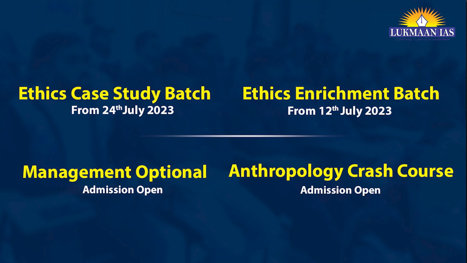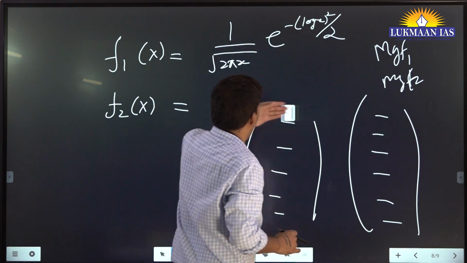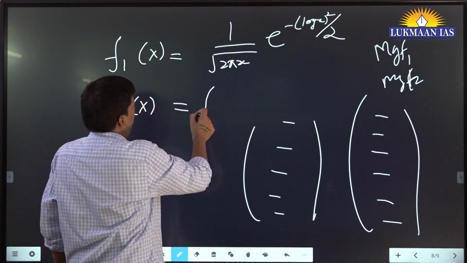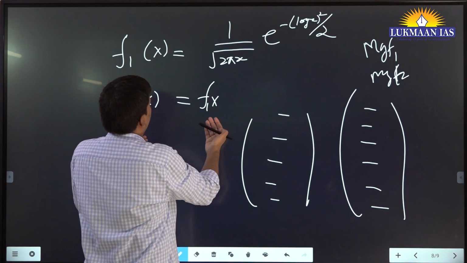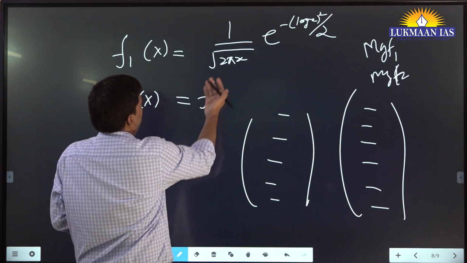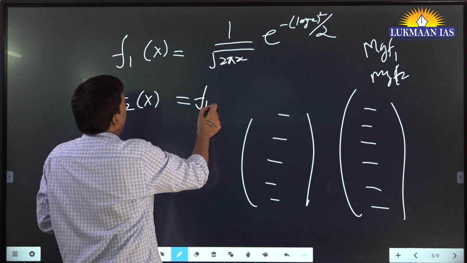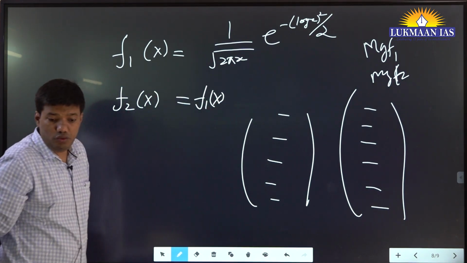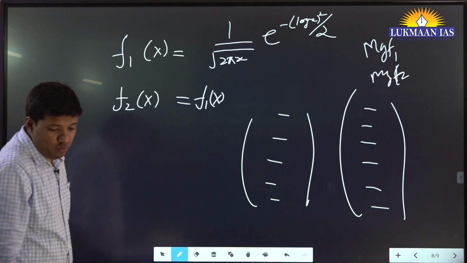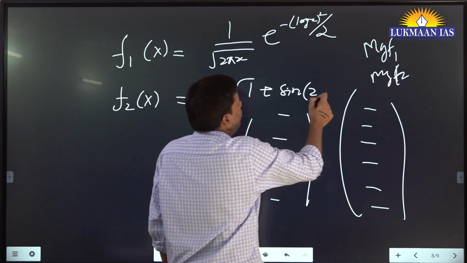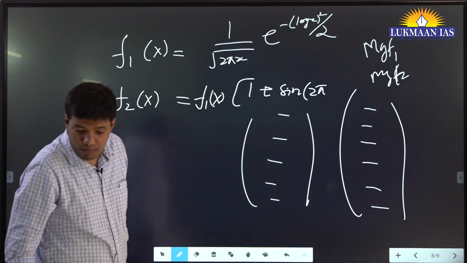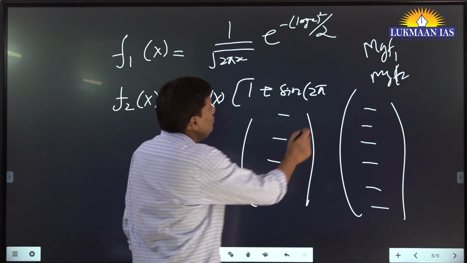But the logic you can always remember. Your mind will never remember this formula, but what your mind will remember is this thing. Let's say I'm writing the second PDF as well. Second PDF is given by f1(x) into 1 plus sine(2 pi log x).